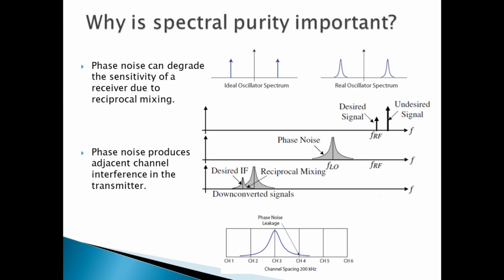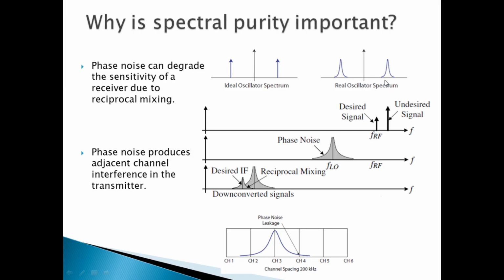Here you can see the spectral purity is important, and what I want to show you in this slide is ideally we would want to see this kind of an impulse response from the oscillator, but that is not so. What we see is the real oscillator spectrum has some sidebands, and this is how it appears to be.